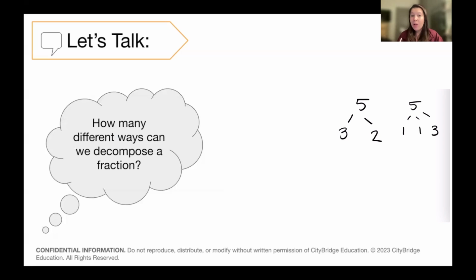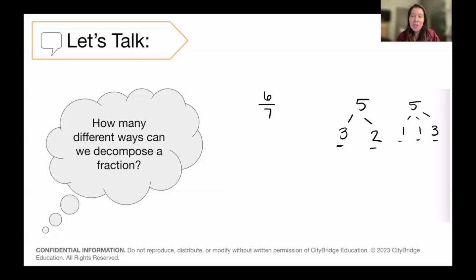But now let's think about different ways we can decompose or break apart a fraction. Just like we took the number 5 and we decomposed it into 3 and 2, or we decomposed it into 1 and 3, we can also decompose or break apart fractions. Let me show you. I want to look at the fraction 6/7.